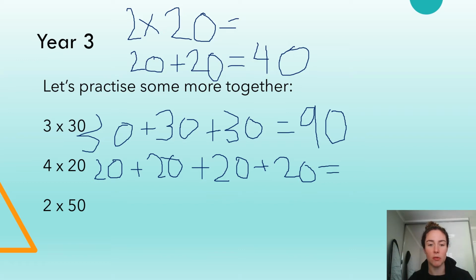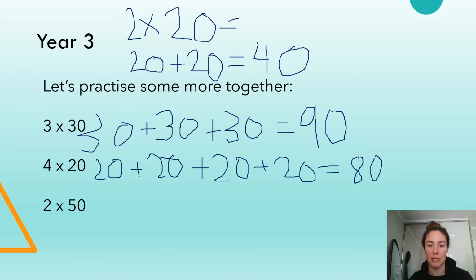Now again, what we could do is count by 20s, or we could count by 2. So let's count by 20s first. 20, 40, 60, 80. And let's check our understanding. We're going to count by 2s as well.